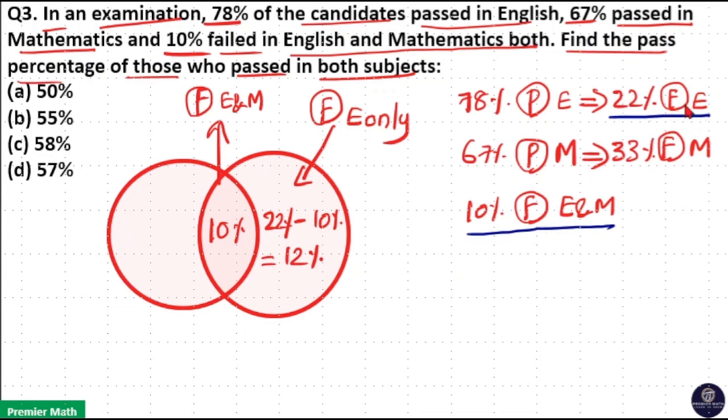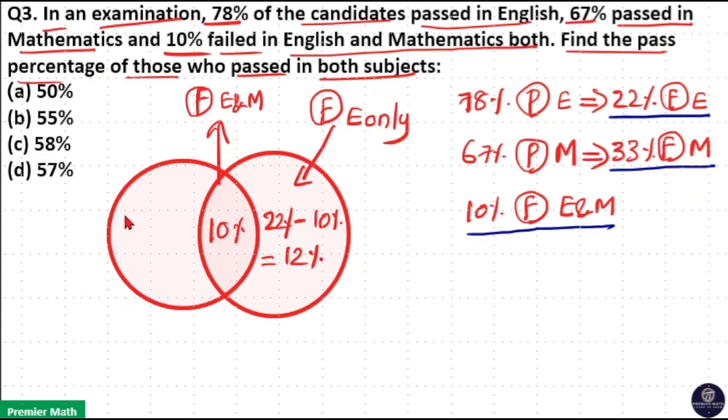That is, students who failed English means students who failed English only as well as students who failed English and math.